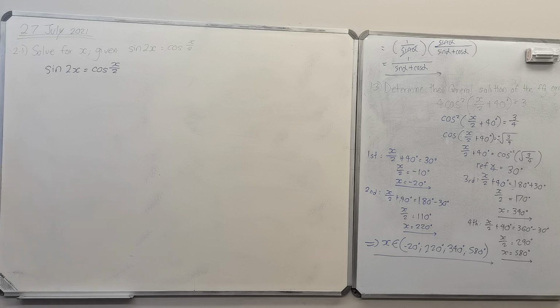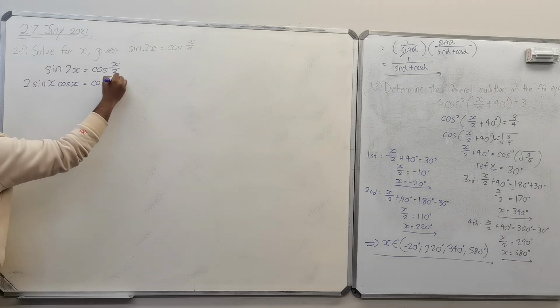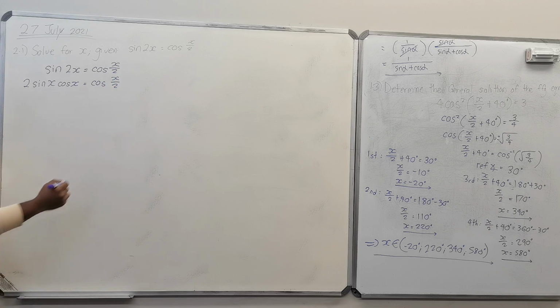So you have told me that you would say 2 sine x cos x equal to cos x over 2. What would you do after that? How can you simplify? Can we do anything after this? Looking at it, any rules? Anything else we can change here?